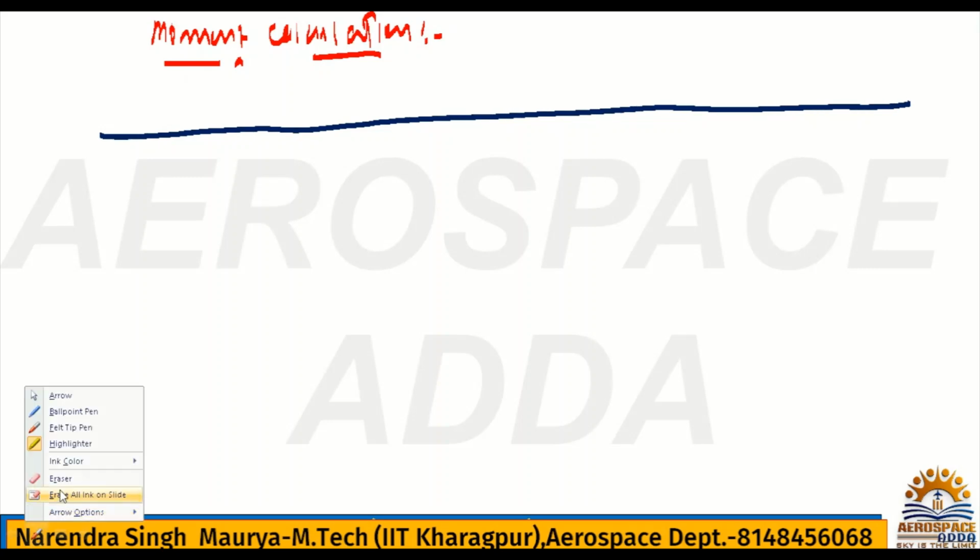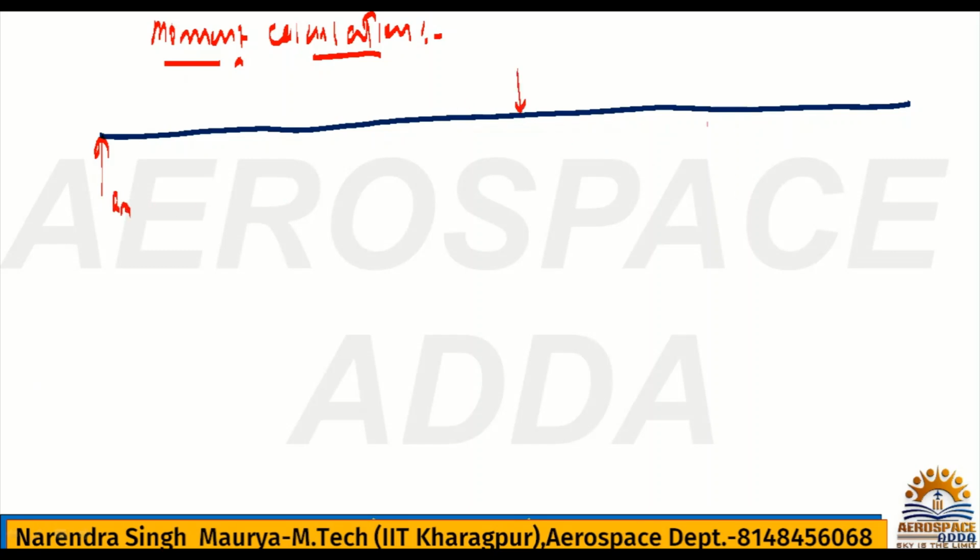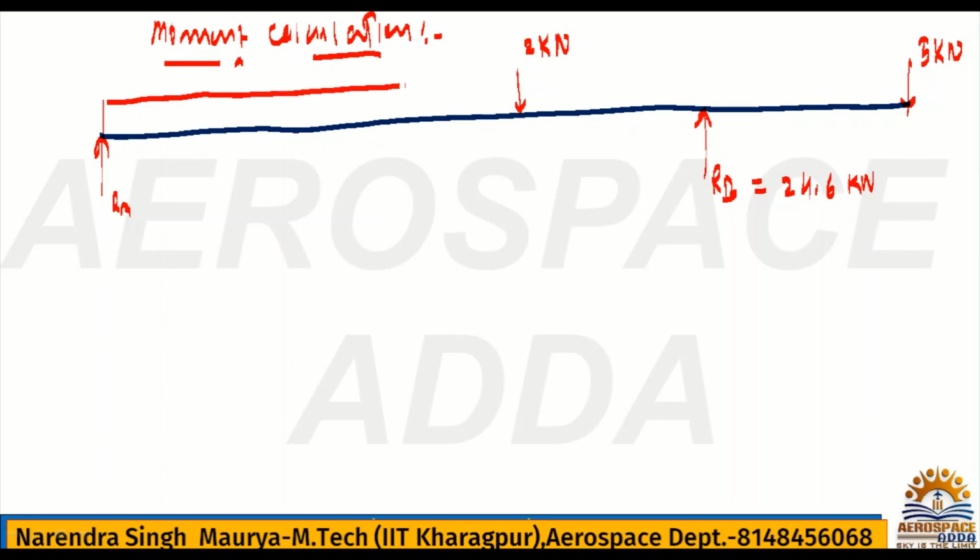Check here for this particular beam. This is RA, 5 kilonewton. This is RB, you know, it's nothing but 24.6 kilonewton. This is 2 kilonewton downward, and we have a UDL here.